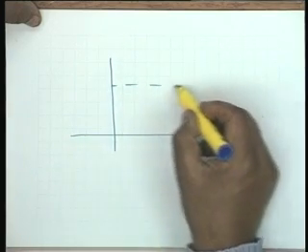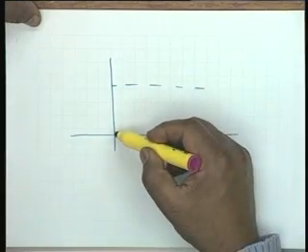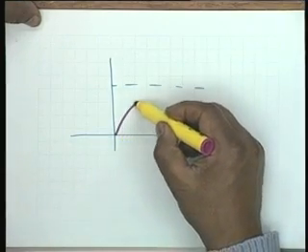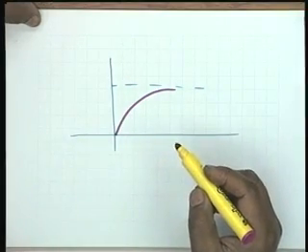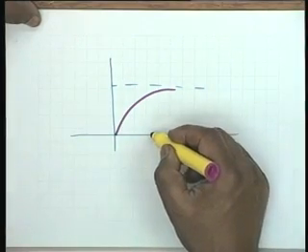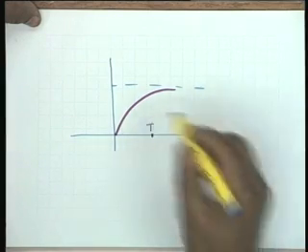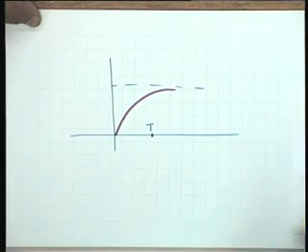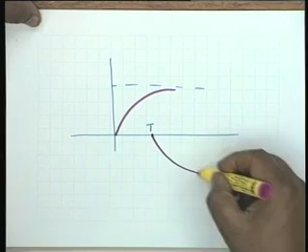As far as the first term is concerned, that is the response to u(t), it goes like this. The second term starts at small t equal to capital T, and then it is negative, and therefore it goes like this.